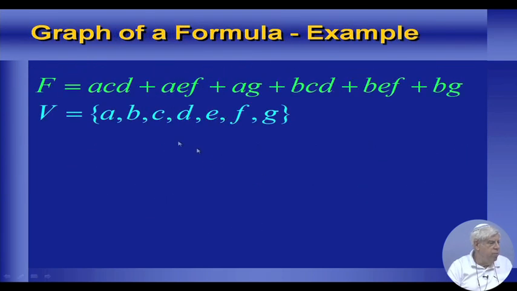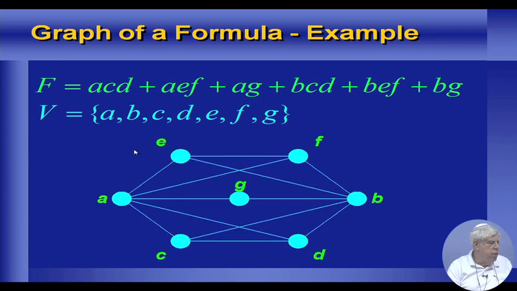So here's an example. If this was my formula, this is a sum of products form. You see in the first term, ACD occur together. So in my graph, ACD ought to be a triangle. ACD, they are a triangle.